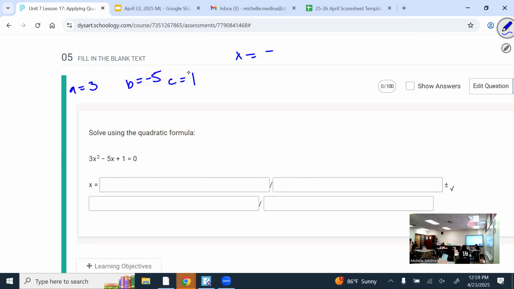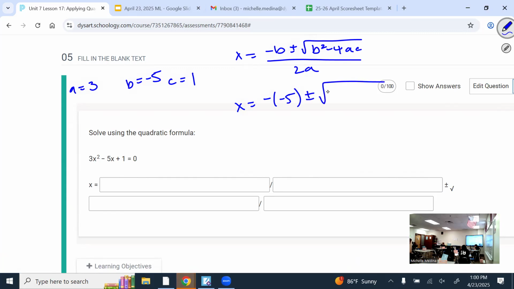Next is plugging it into your quadratic formula, which you could easily look up, but I'll write it here as well. And anywhere that you are plugging in, you need to use parentheses. Do not try to combine anything in this step, just plug it in exactly how you see it.